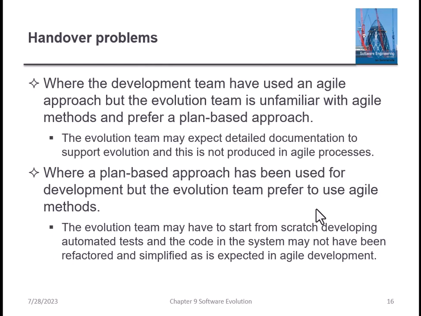Some development teams do not use agile, and the reason is that there is no documentation, and rather they go on with a plan-based development process. Where a plan-based approach has been used for development, but the evolution team prefers to use agile methods.